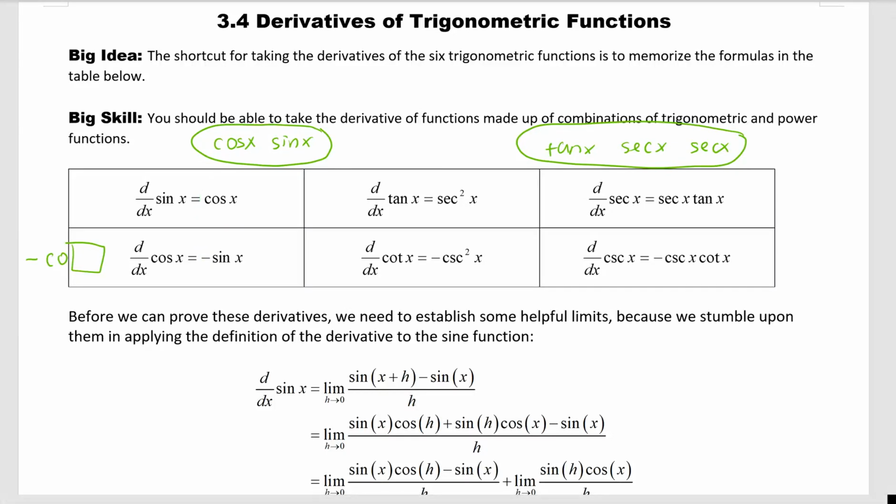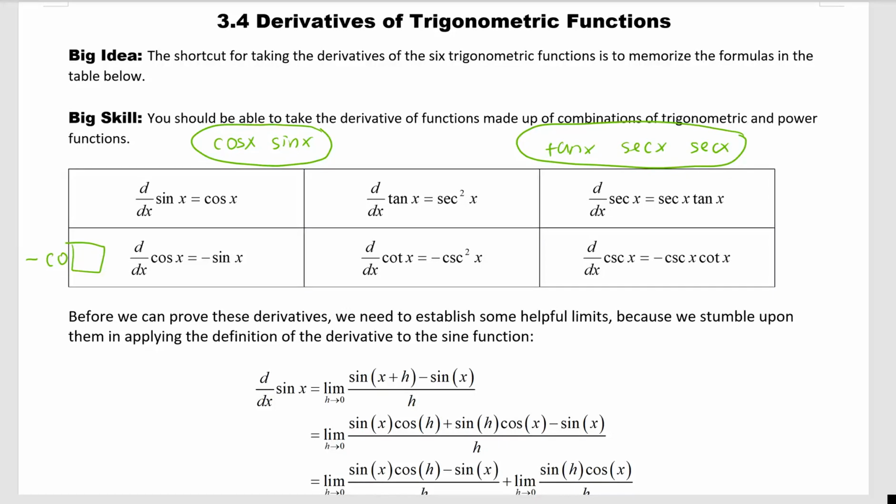So the derivative of cosine is minus sine x. The derivative of cotangent is minus cosecant squared. You see this rule? The derivative of cosecant is minus cosecant cotangent. So with this trick, hopefully you can memorize those 6 formulas.